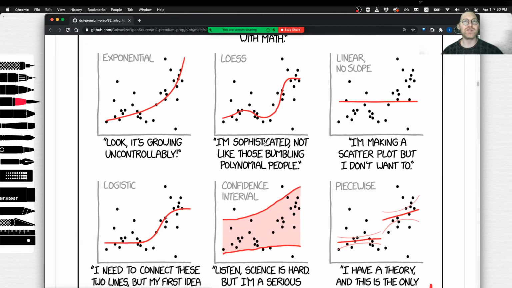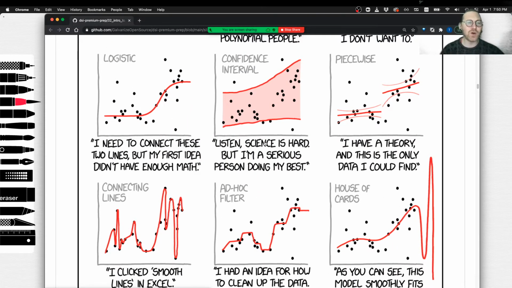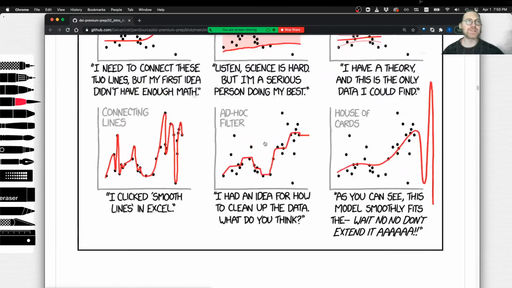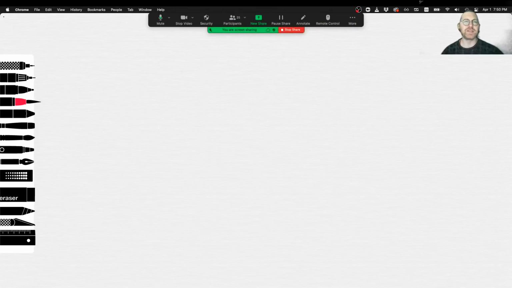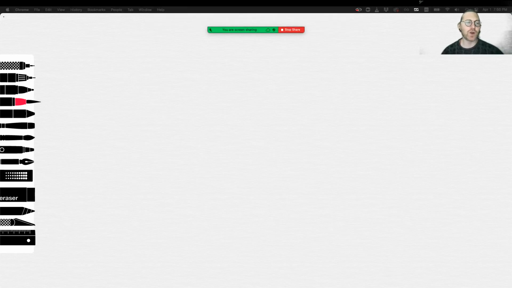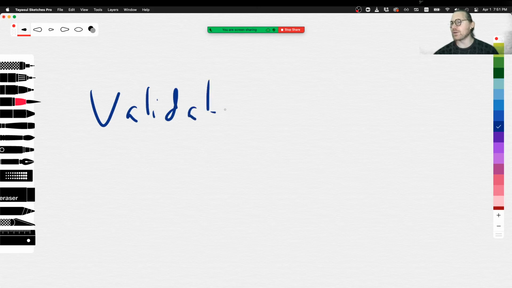And, you know, you start looking at this and you're like, well, how do you know? How do you know that your model is performing well? And this brings up, fundamentally, this leads us into the idea of cross-validation. Validation in general, when you see this term, how do you validate your model?